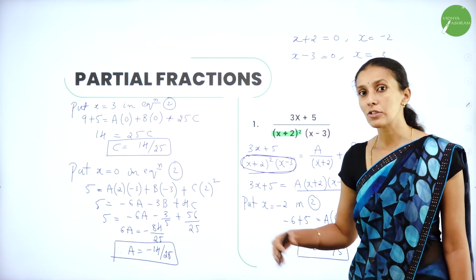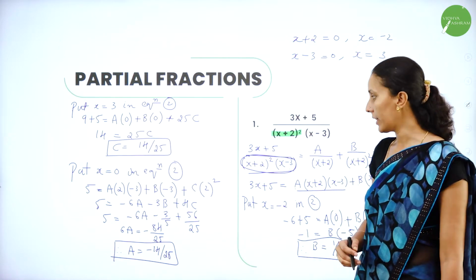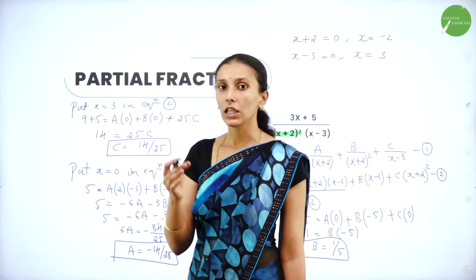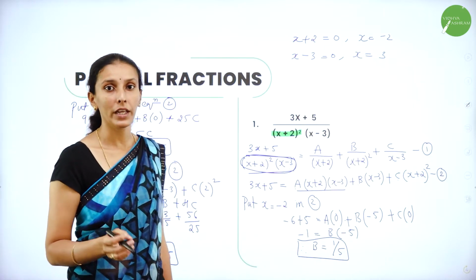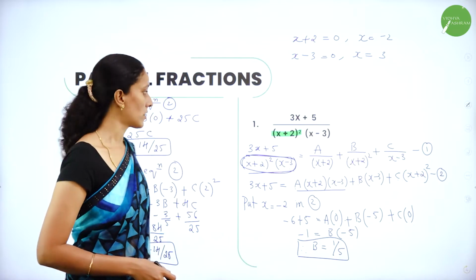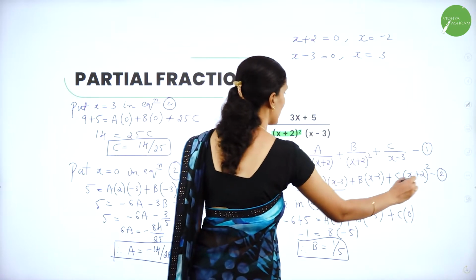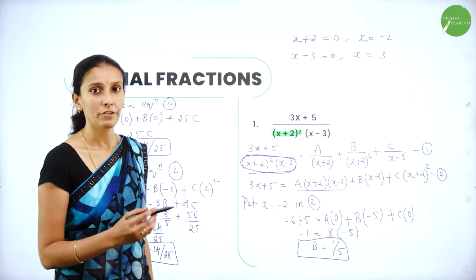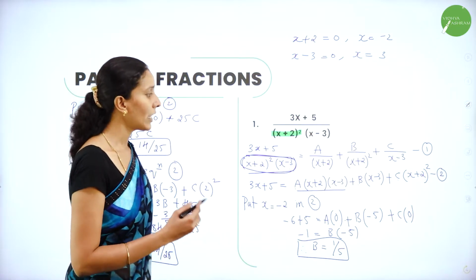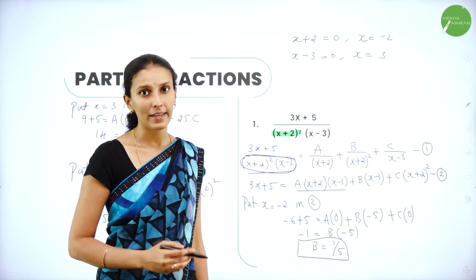Other than this, we have one more alternative method, that is equating the variables or equating the literal coefficients. If you expand this and multiply this, you can equate the coefficients of x square.